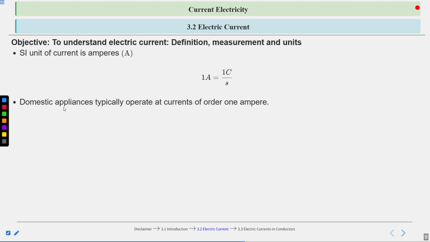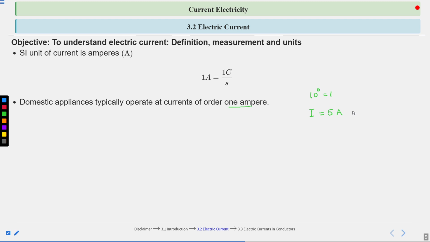It is written that domestic appliances typically operate at a current of 1 ampere, which means 10 raised to the power 0. We know that the current for normal domestic appliances is about 5 ampere, with very small variation.